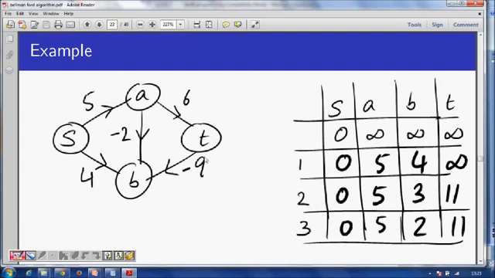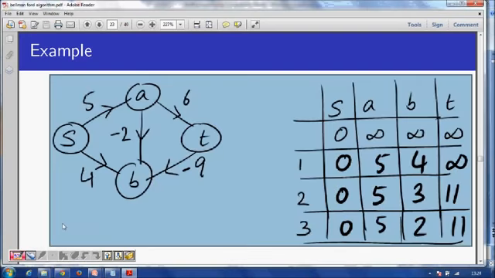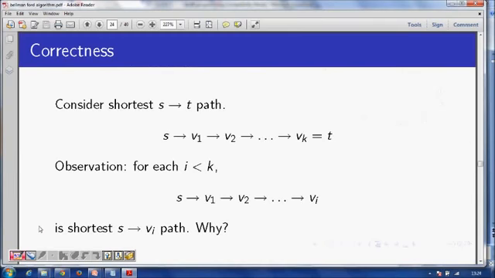They have taken a different order for the edges here, but whatever order you take, because you are iterating v minus 1 times, the maximum number of relaxations, it will work. Now let's try to see why it is correct.